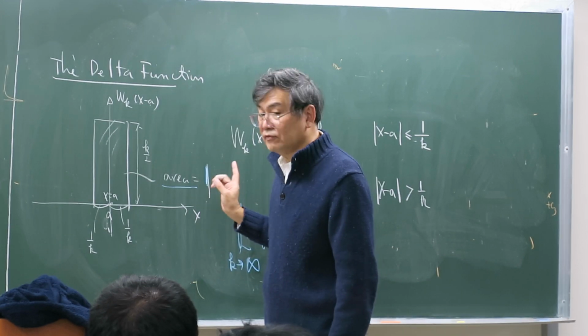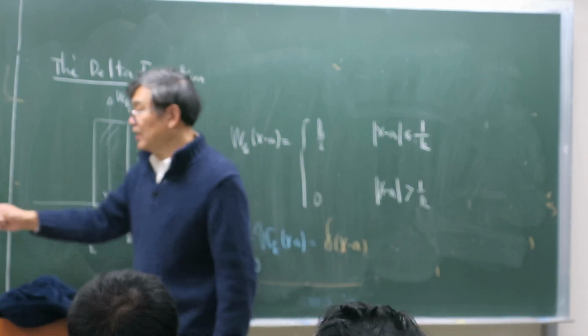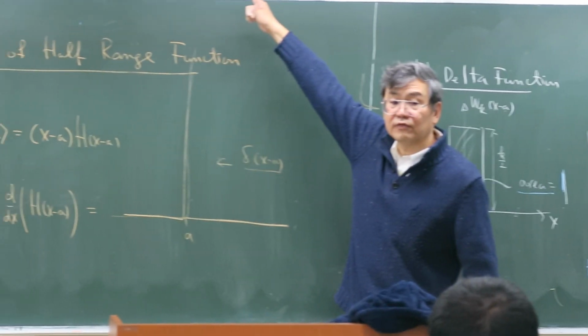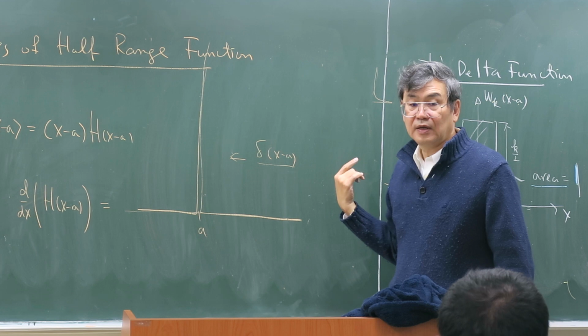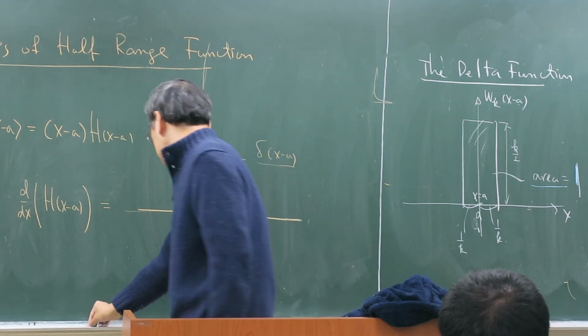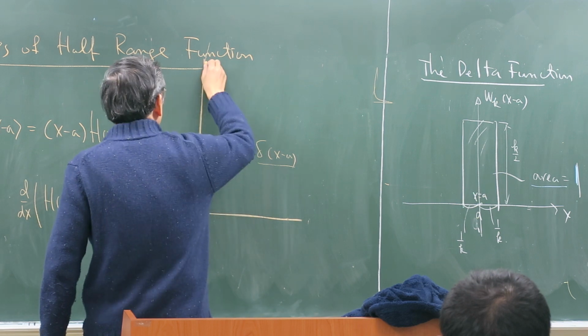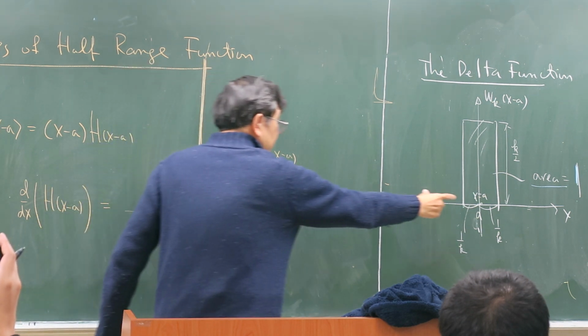So this is a definition for the delta function. So that's why the Heaviside derivative is 0 and infinity, and outside it is 0. And this is the width, but the width is very thin. It's the area.